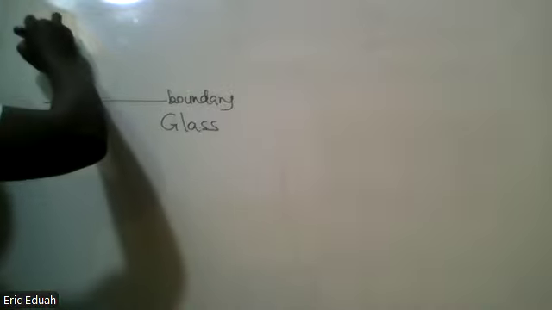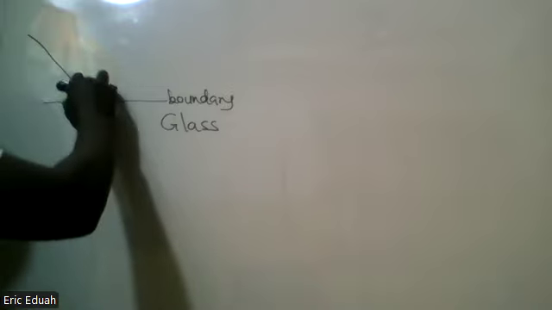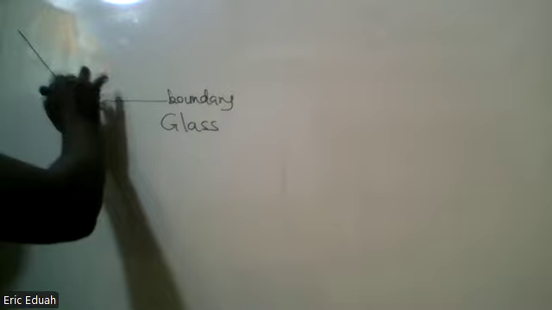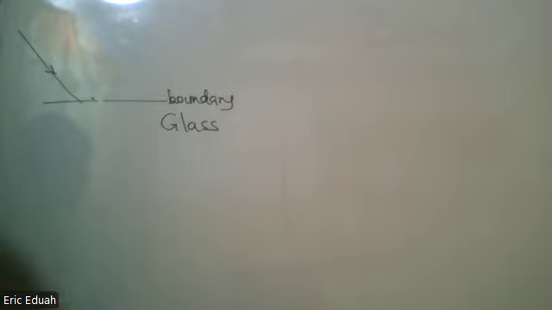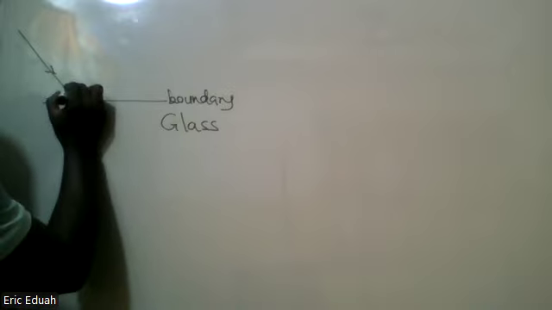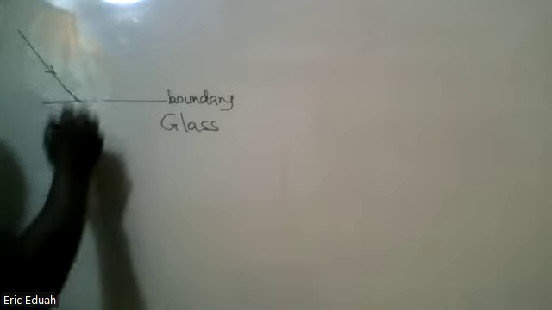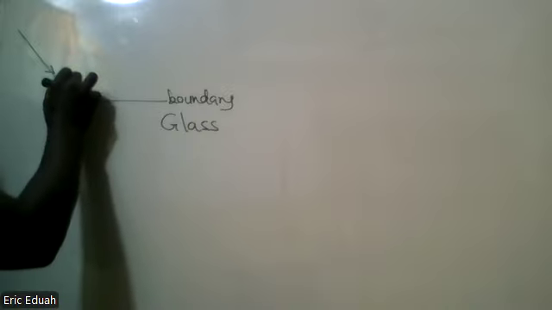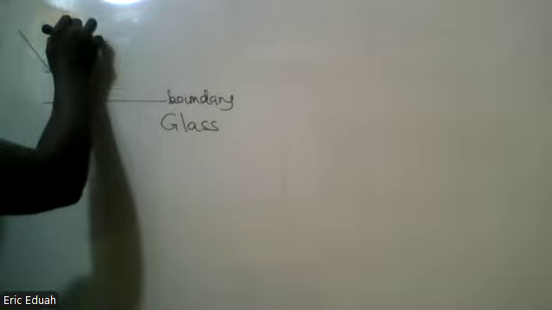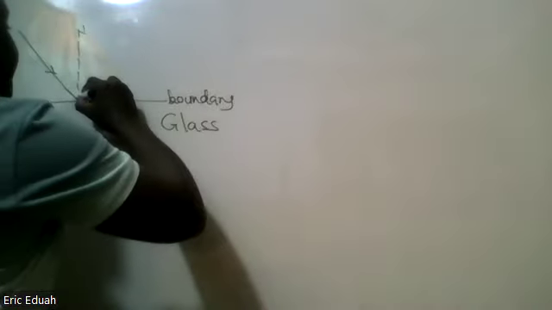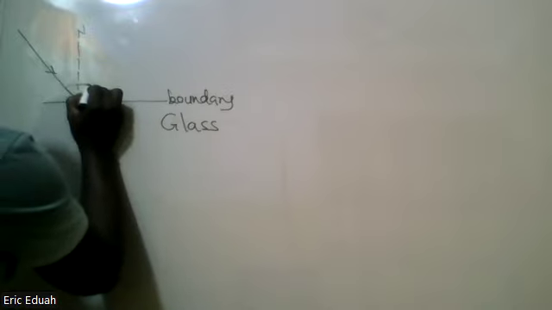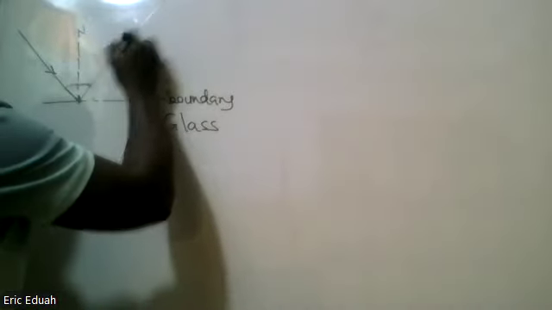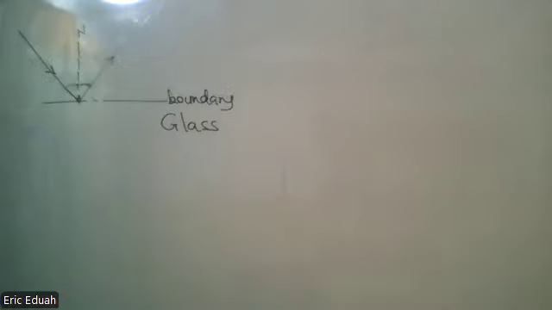As I told you last time, whenever a ray is incident at the boundary, two things happen. Part of the incident light is reflected, part is also refracted. Once this is the normal, we have a reflected ray which obeys the law of reflection: the angle of incidence equals the angle of reflection.